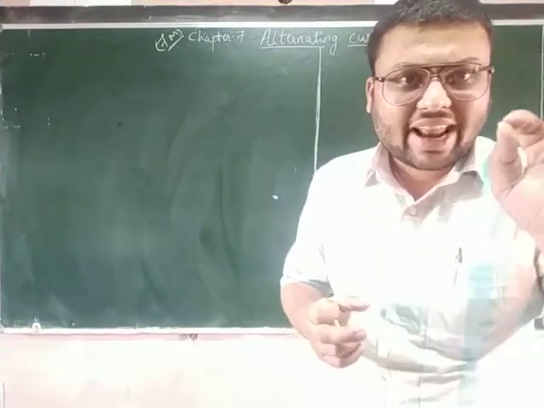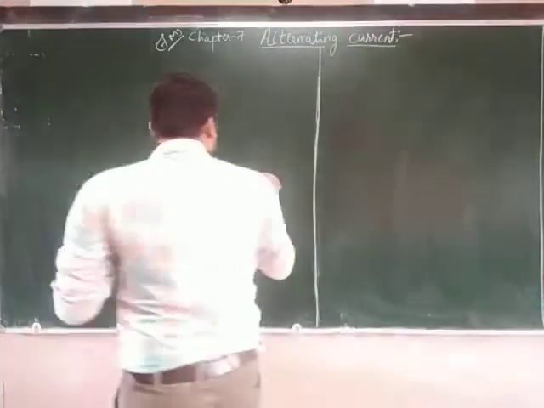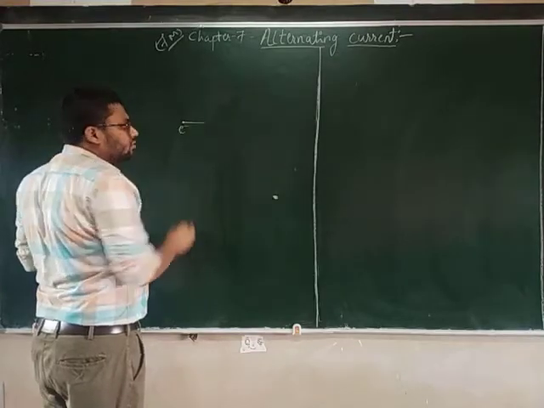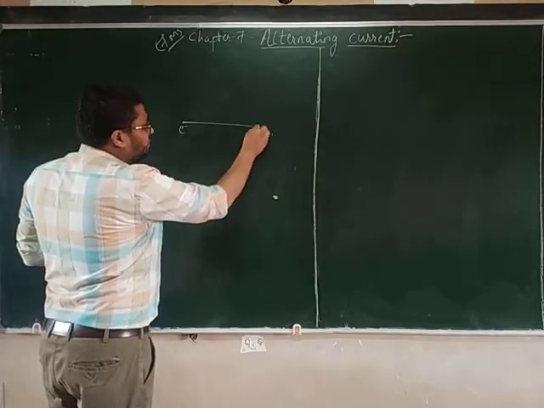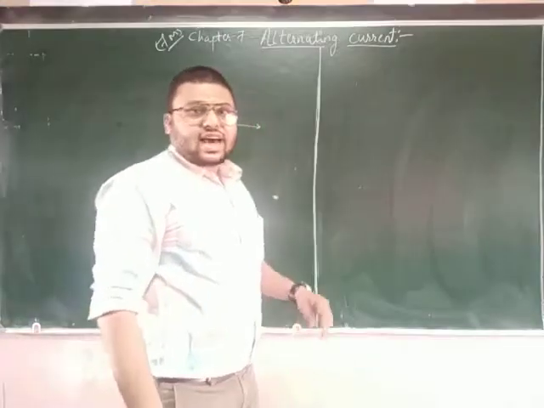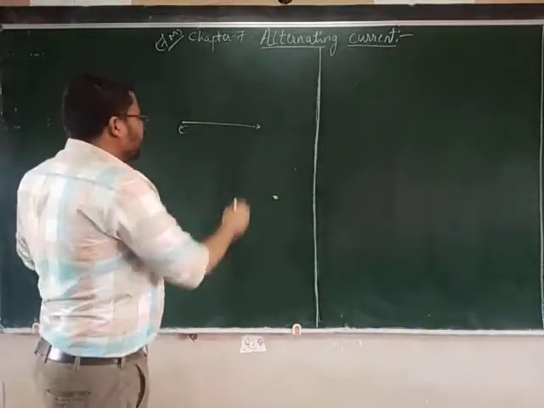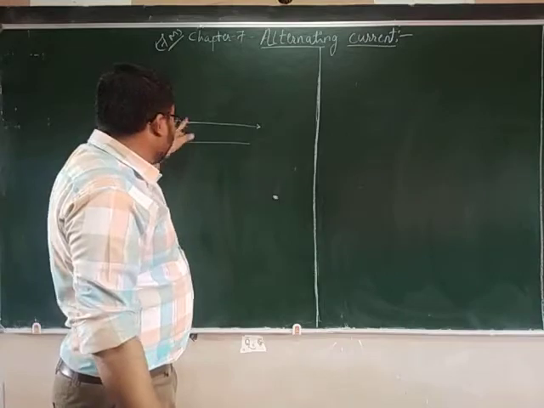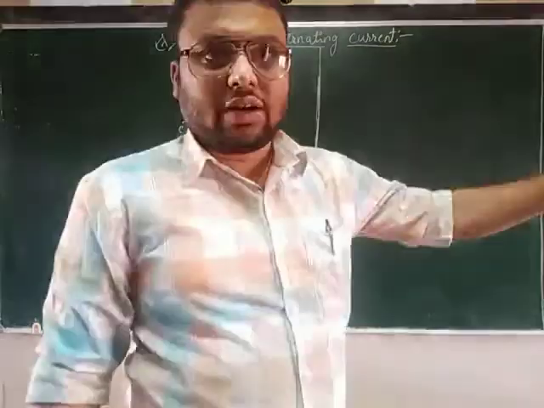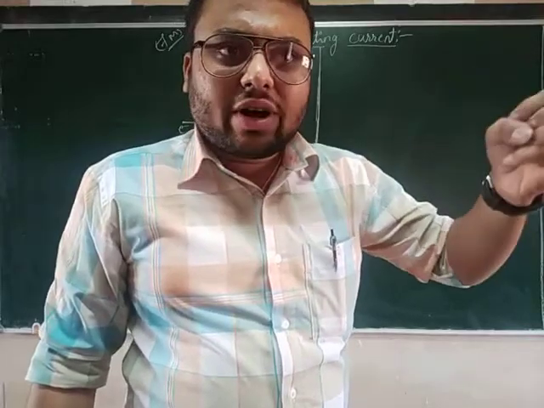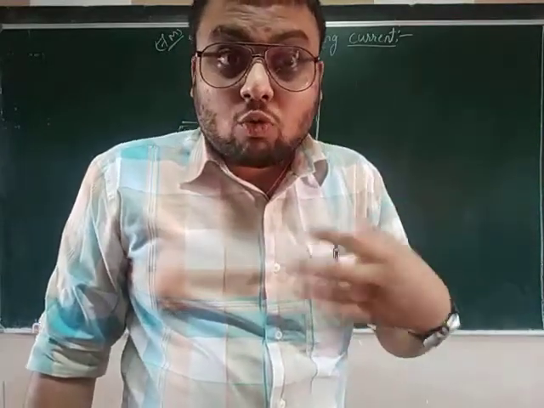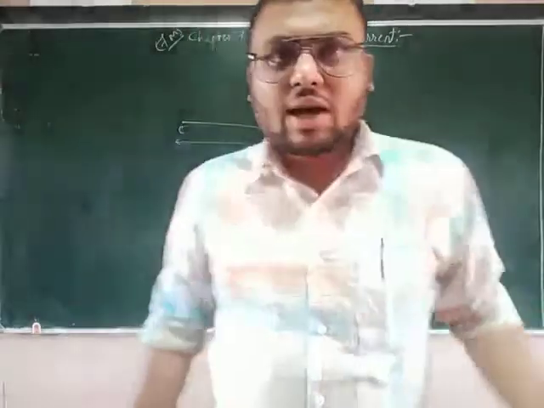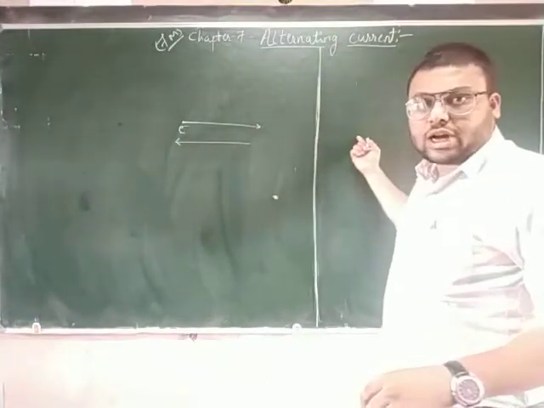It is the unidirectional current. Just look here. Here we have an electron. It will be moving in this direction, then we are going to get current in the opposite direction. Here the electron will move along the same direction, because whatever voltage, means whatever work we have done on the electron, will be along one direction.